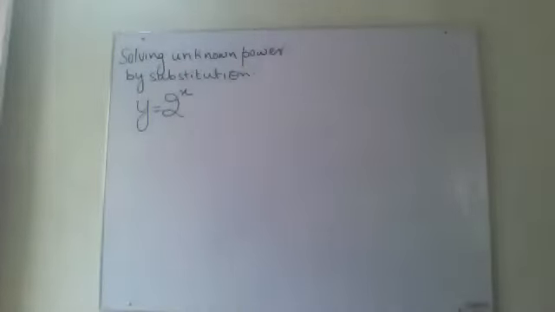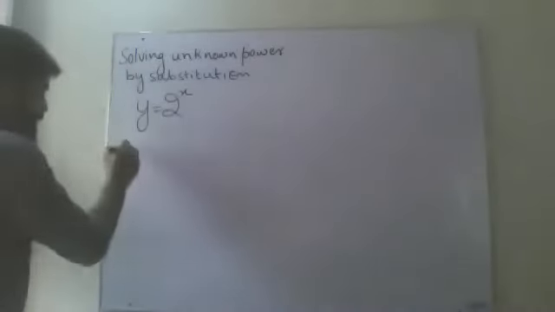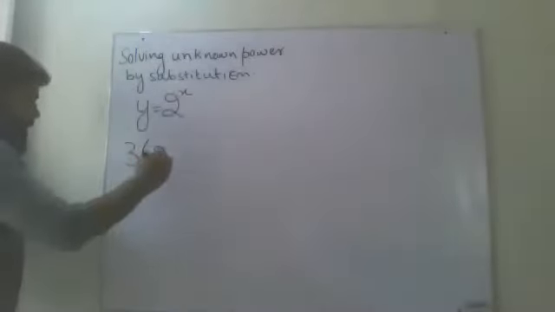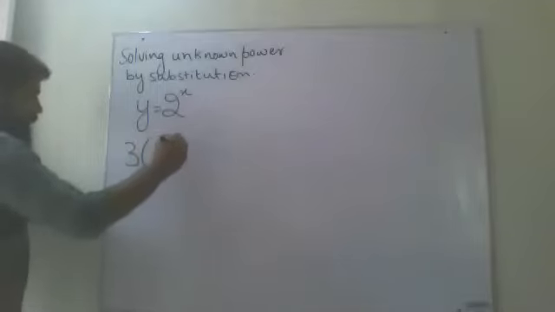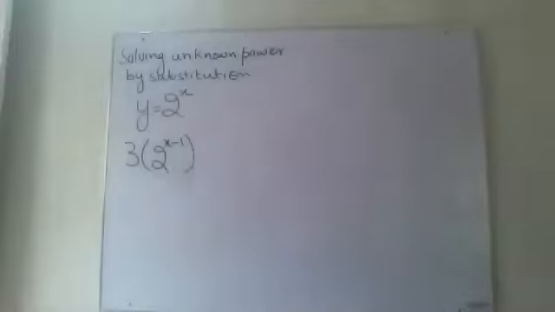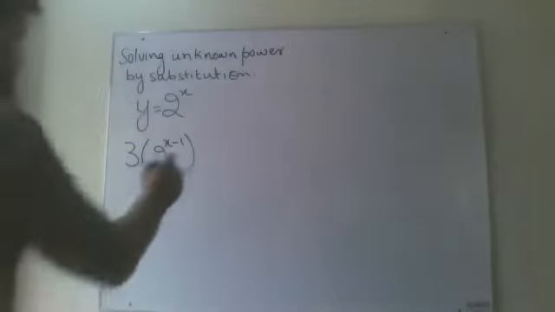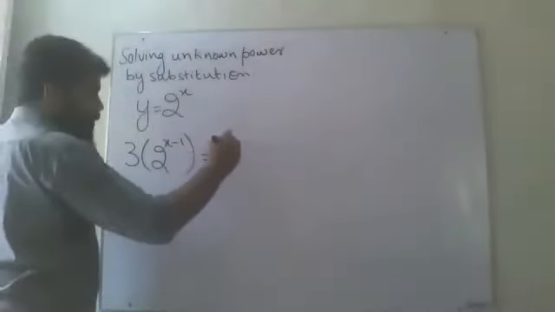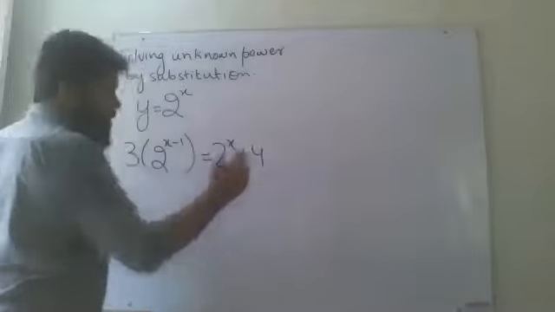Y equals 2 to the power x, and they are telling us to solve this one to get the result of 3 bracket 2 power x minus 1 equals 2 to the power x plus 4.